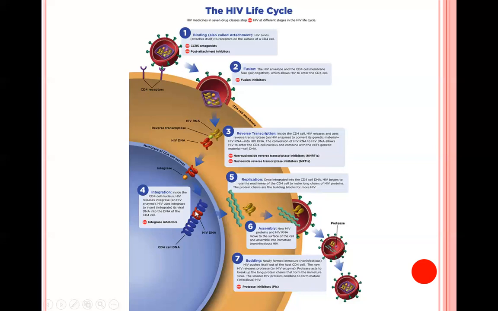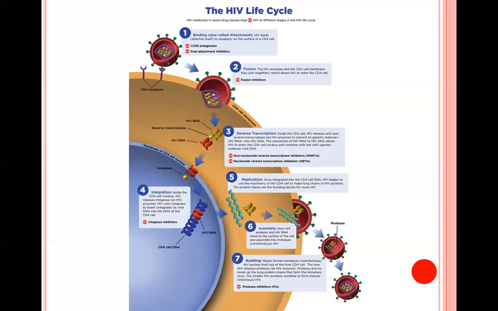So now it's in the DNA, it's part of the DNA. Once integrated into the DNA of the CD4 cell, HIV begins to use the machinery. So now it's using that CD4 cell for its own advantage to replicate itself. It's using the machinery of the CD4 cell to make long chains of HIV proteins.